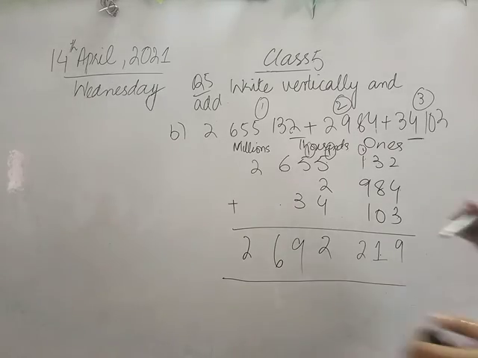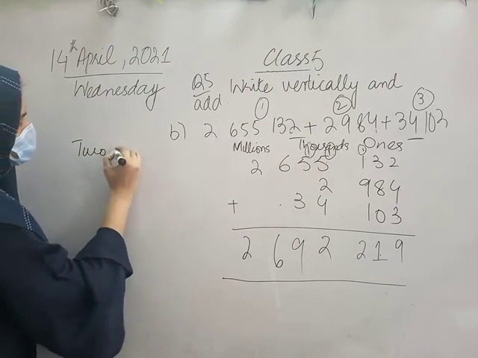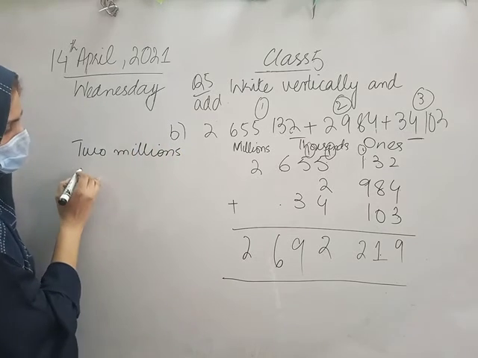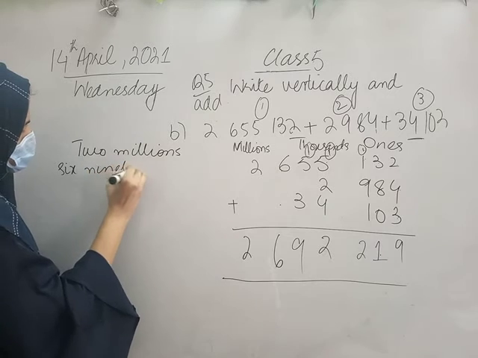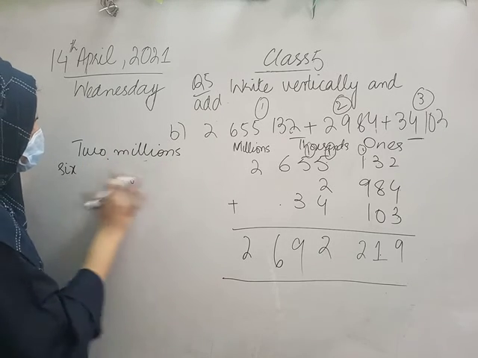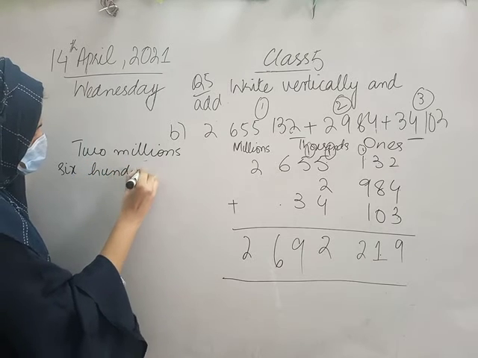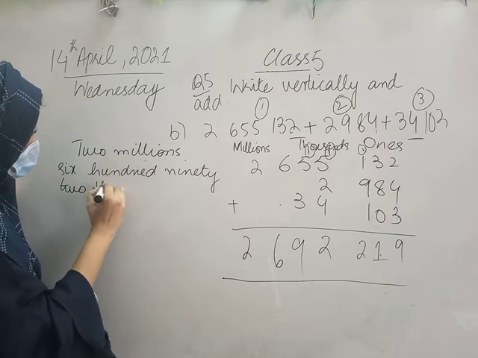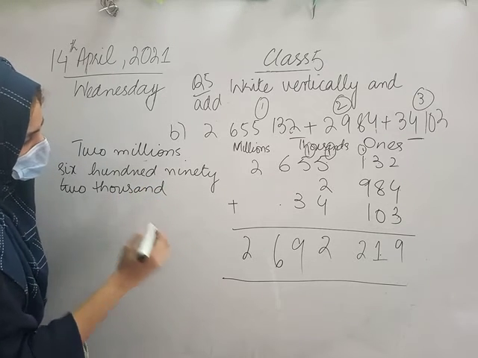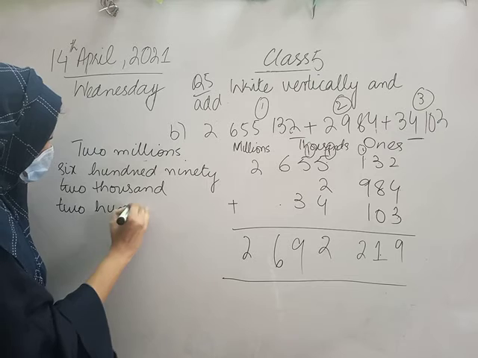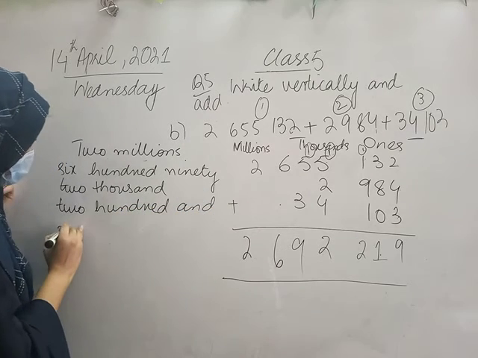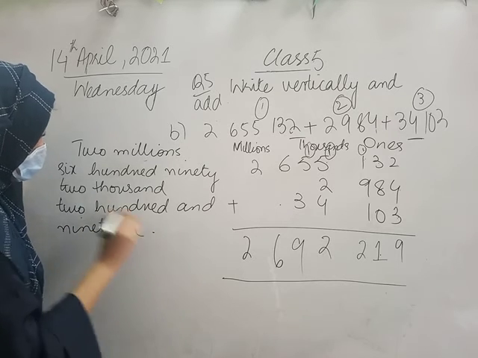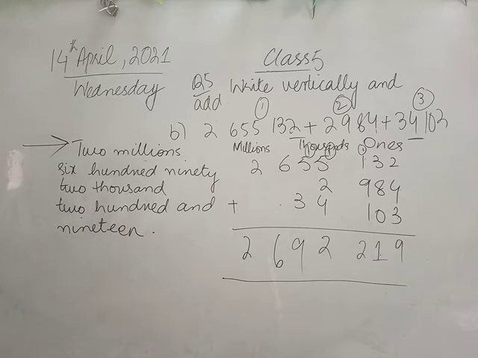Now I am going to write in words. 2 million, 692,000, 219. 2,692,219.